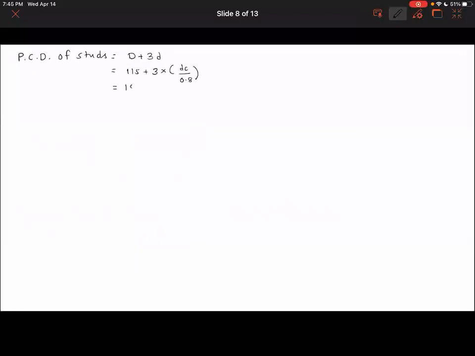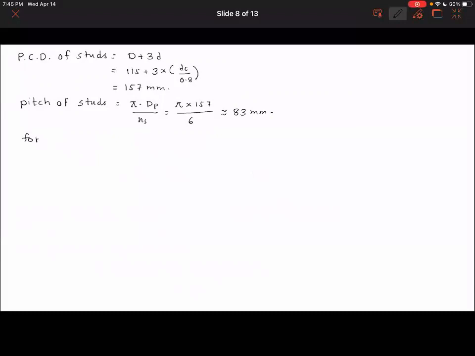So this becomes 157 millimeter. And the pitch of the studs is pi times dp divided by number of studs, which is about 83 millimeter.